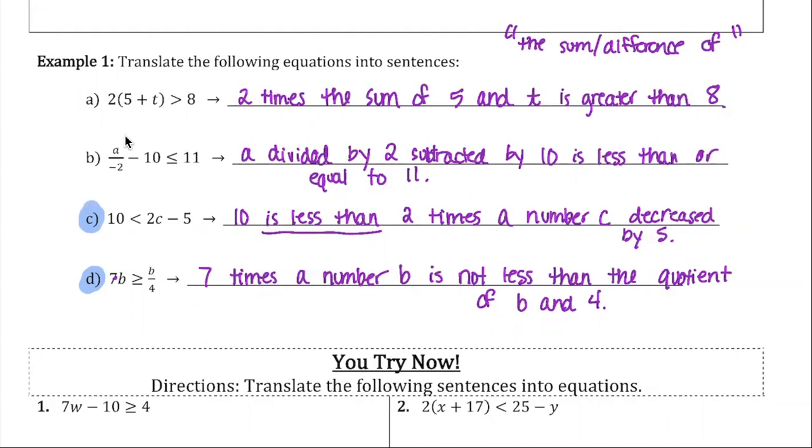But again, when you're going to choose the symbol to match the sign, make sure you have that is. So I chose to do is not less than, which means greater than or equal to. But you could have also just said 7 times the number B is greater than or equal to the rest of this. So whatever phrase you did, as long as it was one of the ones that represented your greater than symbol, then you are wonderful, okay?